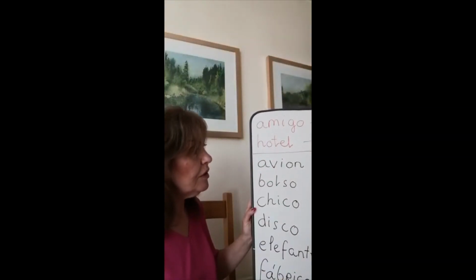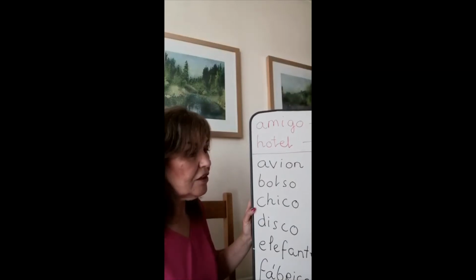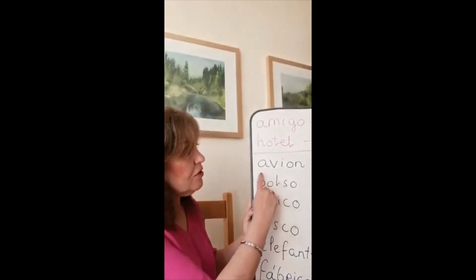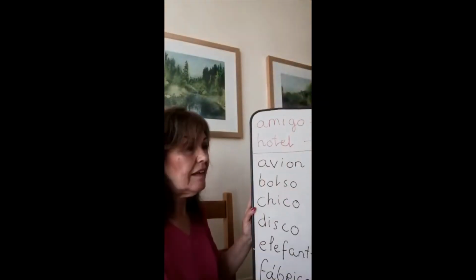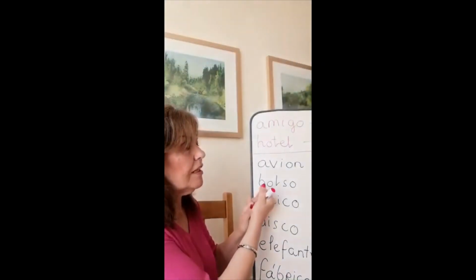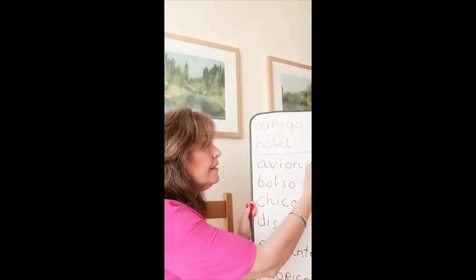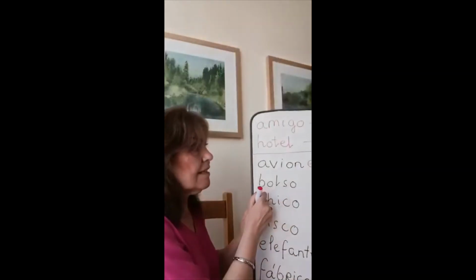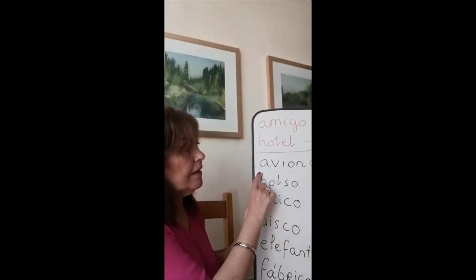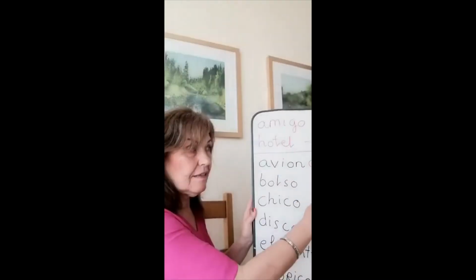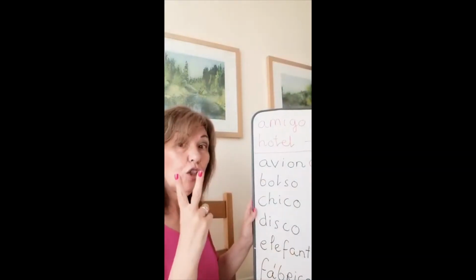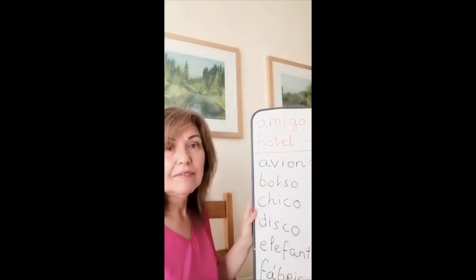So how will we put this, how will we change them into plural? So the first one, avión, ends in an N, so it's a consonant, so we are going to have to add an ES. So that will end up aviones, yes? Un avión, dos aviones.